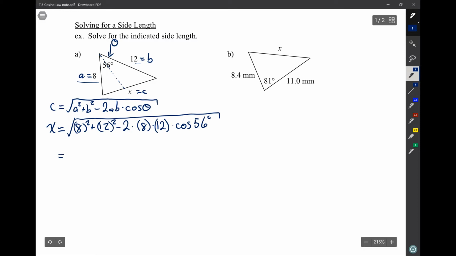Okay? So we can simplify a few things all in one line here because they're separated. So 8 squared, if I put that into my calculator, that's 64.